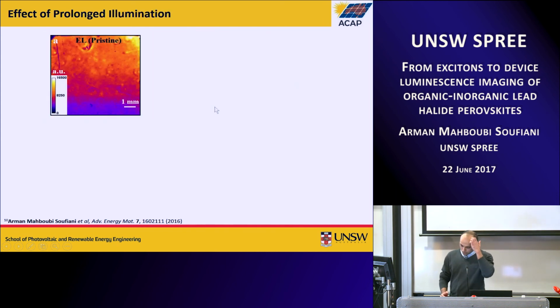Okay, so in order to look at the effect of prolonged illumination on these devices, I performed several IV scans. It's very common among researchers in the perovskite field that they do several scans and then report the efficiency, even in the very high efficiency cells. So here you can see an EL image of a pristine device, so nothing has been done on this device, no preconditioning, anything.